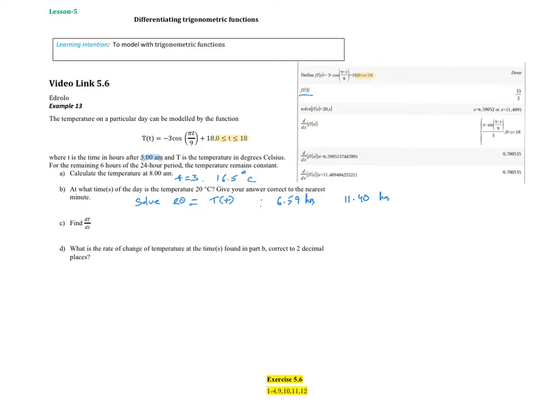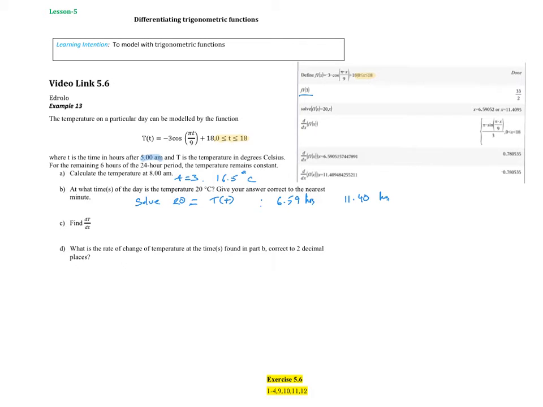So it actually says to the nearest minute. So 0.59 or 0.6 of an hour, as a time, it's going to be 6 hours 36 minutes. Good question, really, because now we've got to say, well, what time is that?